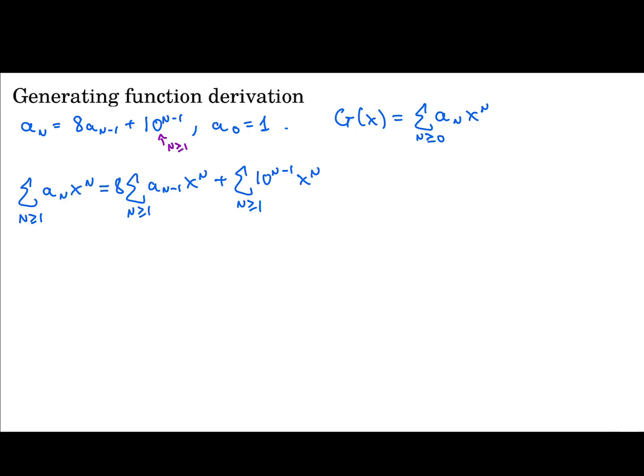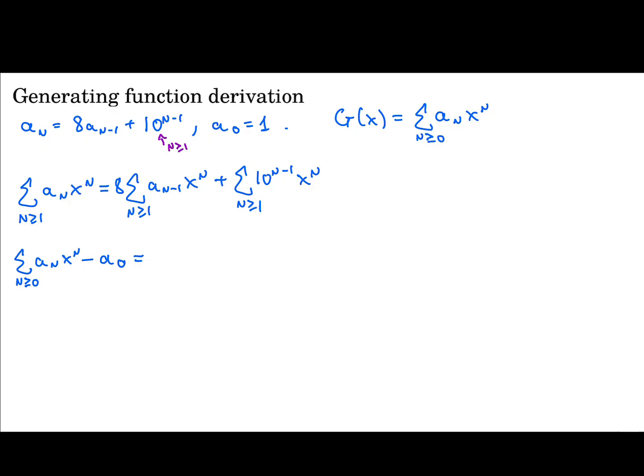So on the left here, this starts at 1. We would like to start at 0. So just write it out as what we want. So at 0. But if you subtract the first term, these two now are the same, right? This here is this term without the a_0, which is the same as just starting at 1. Okay.